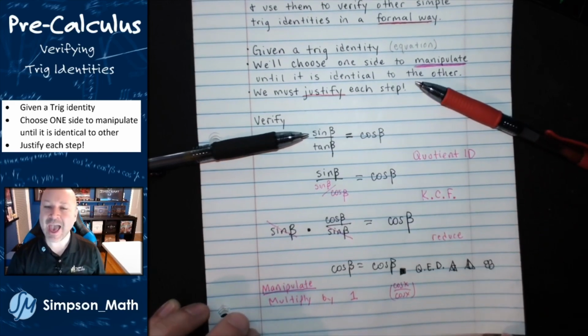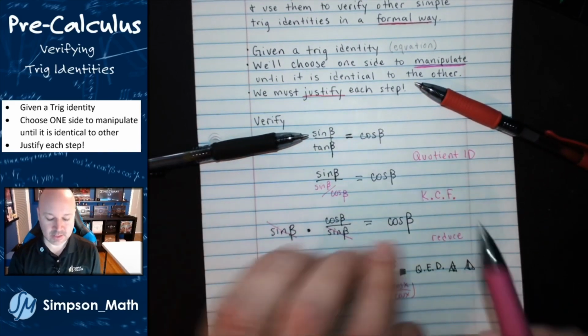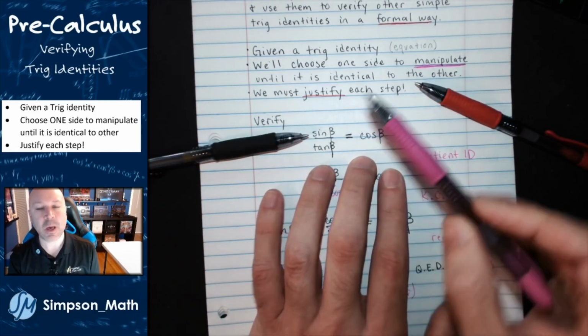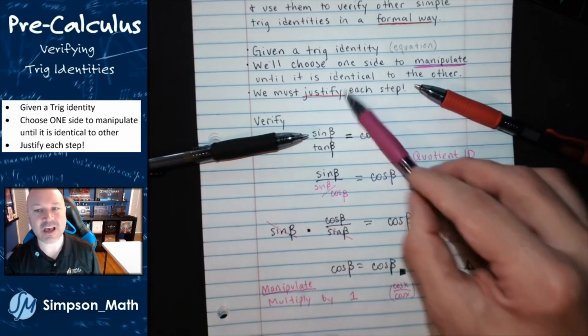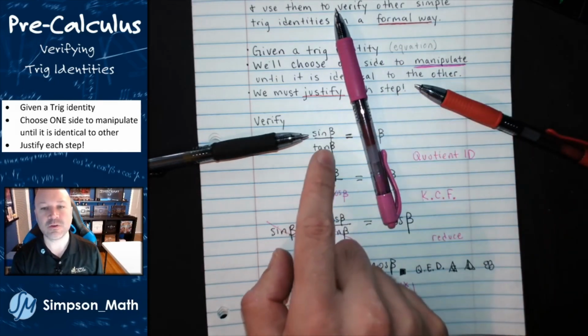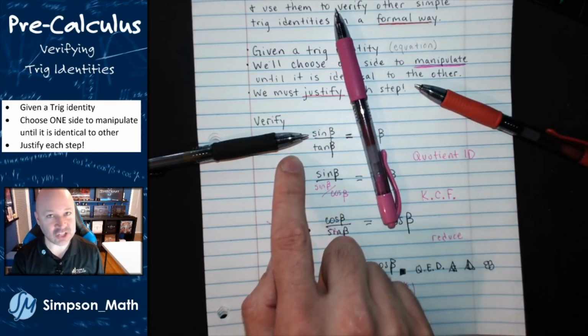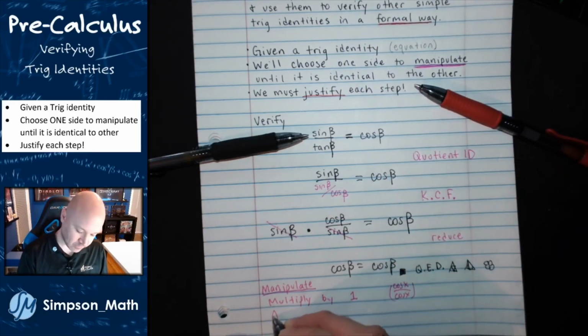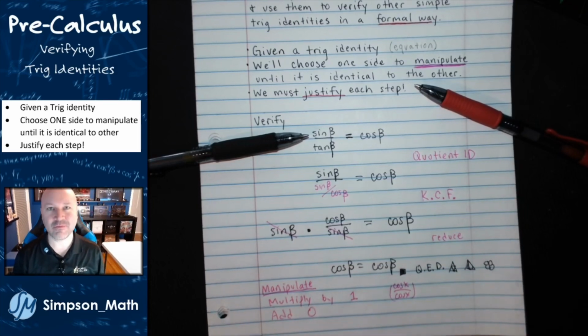Similarly, you could add a number. Now back in equation days, I could add 5 to both sides of the equation. But wait a second, I can't touch the right-hand side in these identities. So is there a number you can add that doesn't change the value? That would be the additive identity. You can add 0. Well, of course that doesn't change anything. It's just adding 0.